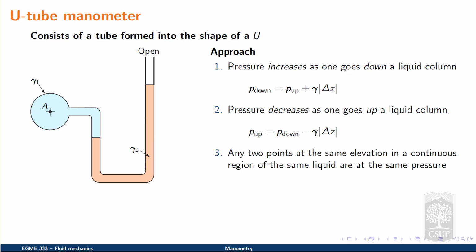Lastly, any 2 points at the same elevation in a continuous region of the same liquid are at the same pressure. In this case, look at the pressures P2 at point 2 and point 3.